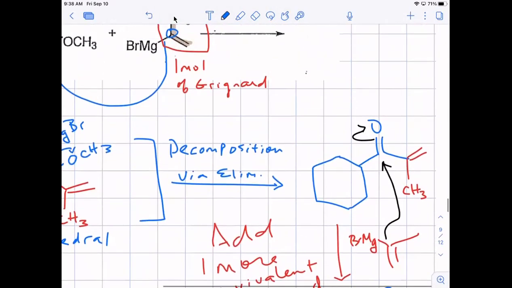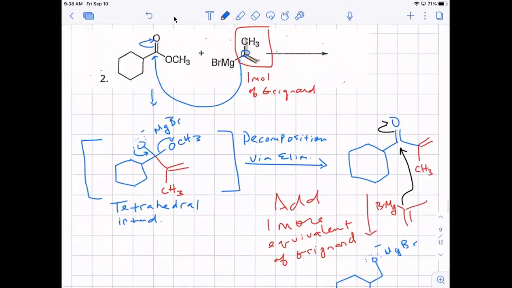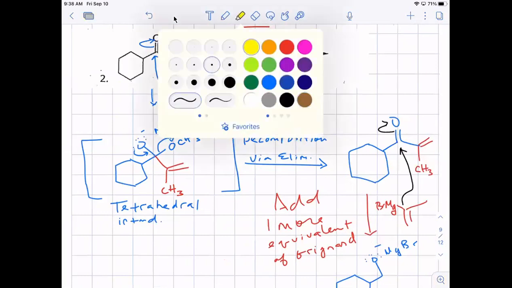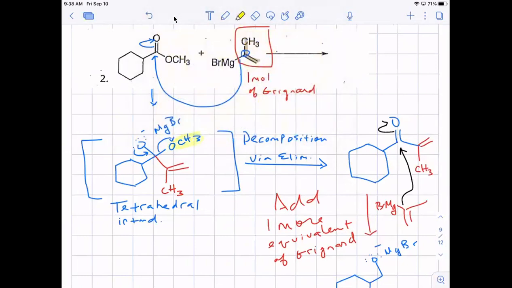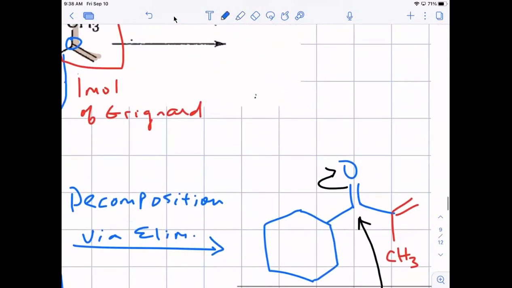MgBr. And let me clarify something over here, because I know somebody is thinking this but didn't ask it. So when I lose OCH3 in that elimination, that's going to form a salt with my magnesium. So over here, I'm also going to have MgBr OCH3.